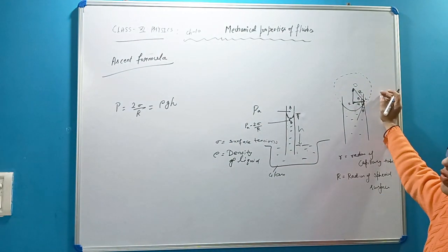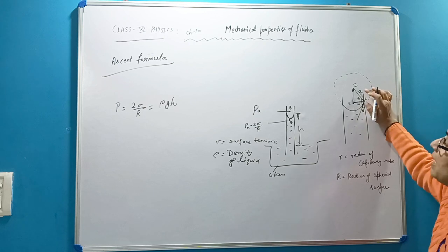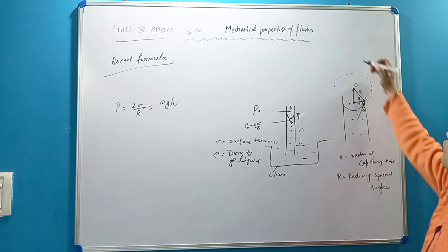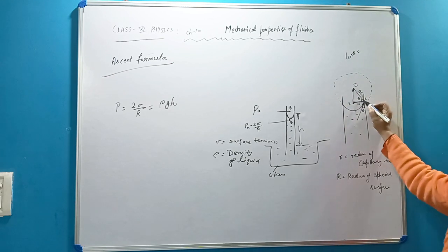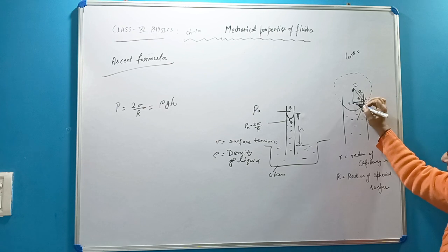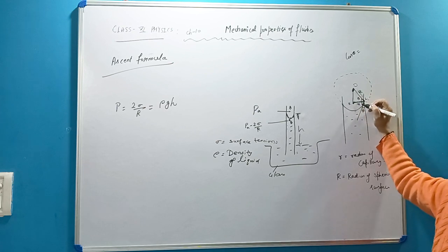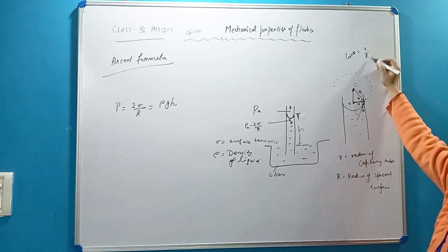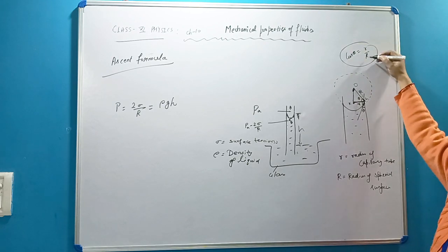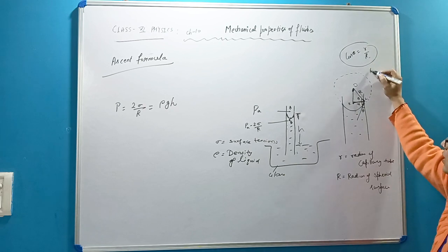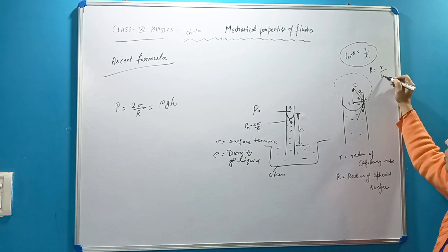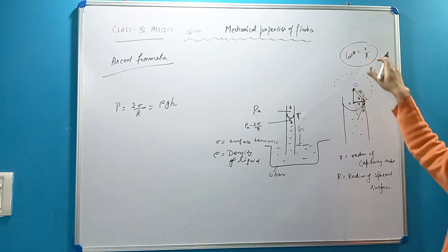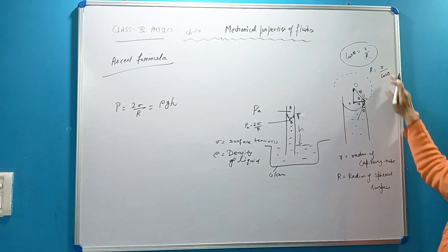From this I will be able to find the value of capital R. As it is theta, from this figure we can say that cos theta is equal to base upon hypotenuse, that is, small r upon capital R. From this, R is equal to r upon cos theta. So capital R is equal to small r by cos theta.